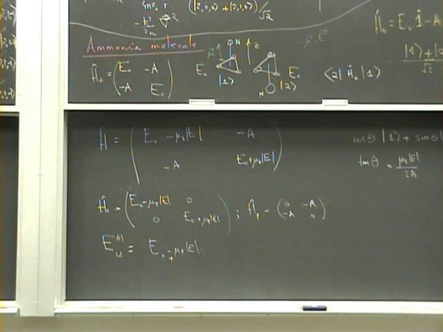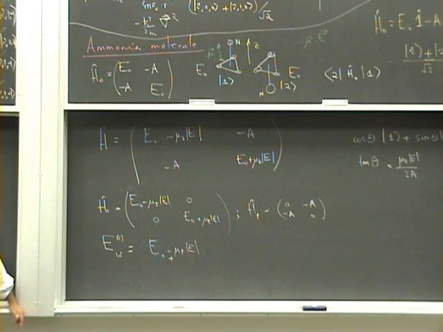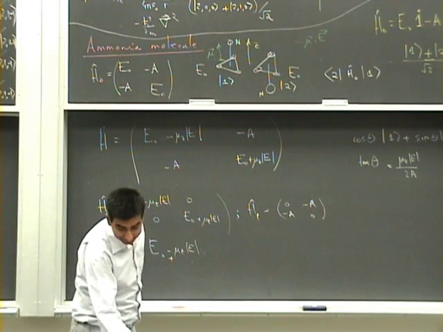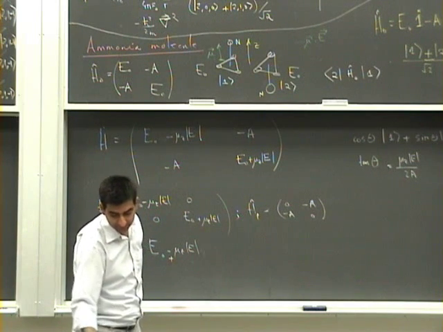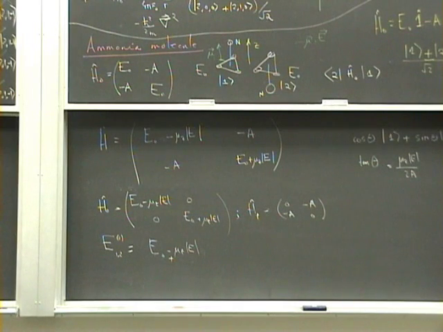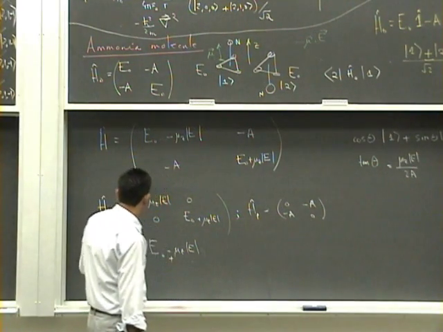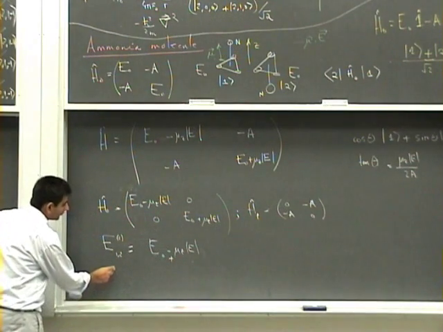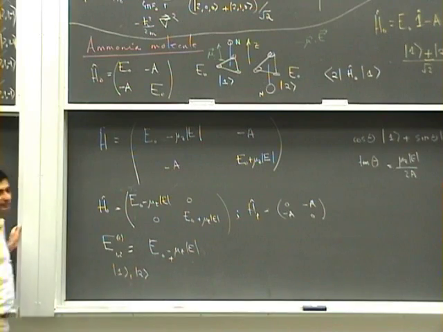Now what we would like to do is find the first order correction to these energies. Can you immediately tell me what the first order corrections are? The eigenstates are of course ket1 and ket2, right?